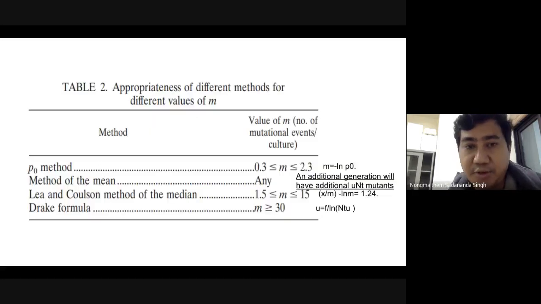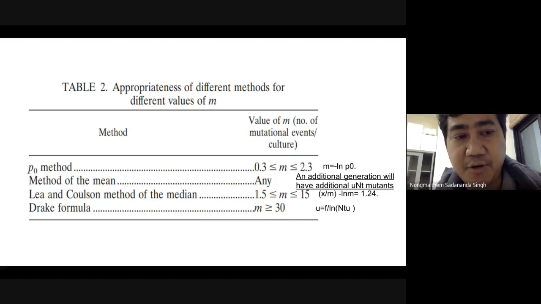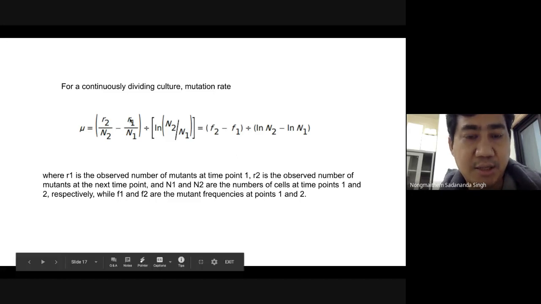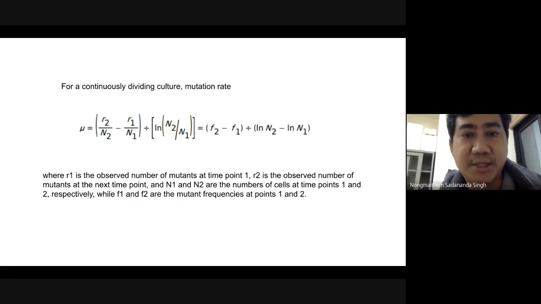So, so far all the methods we have been talking about for calculating m or mu are fluctuation analysis. But in the case of accumulation analysis, we take into consideration that the culture you are dealing with is a continuously dividing culture.